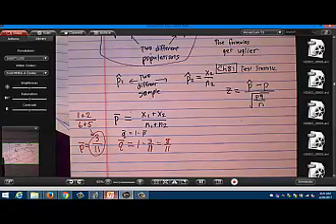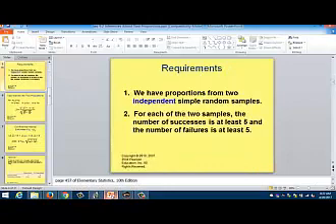Okay. So then, the requirements are that you have to have proportions from 2 independent samples. Do you remember what independent means? The probability of Sierra drinking coffee, whether or not Sierra drinks coffee doesn't affect whether or not I drink coffee.